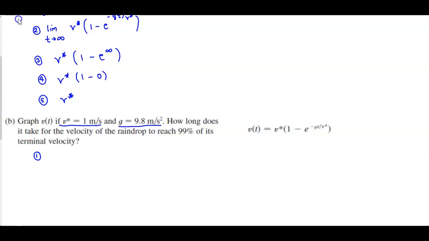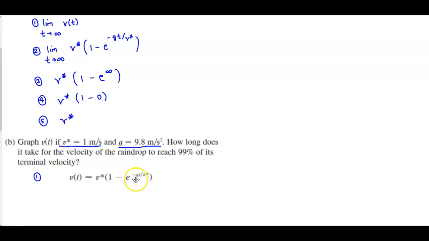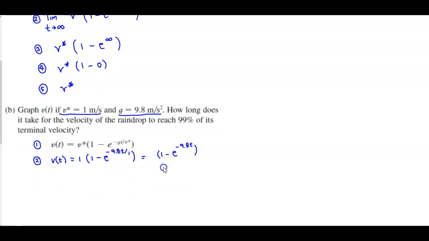Plugging into this formula, v of t equals 1 times 1 minus e to the negative 9.8 t divided by 1, which equals 1 minus e to the negative 9.8 t. So that is our first function.